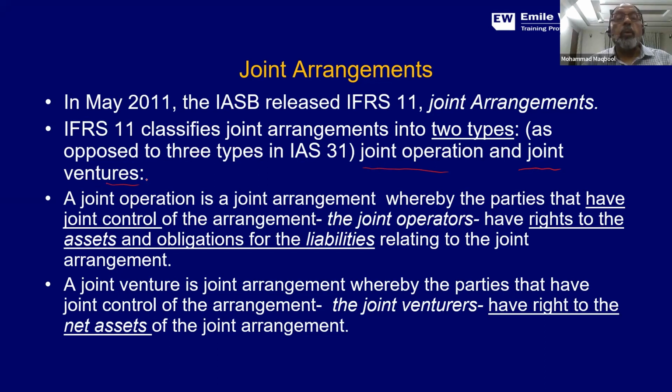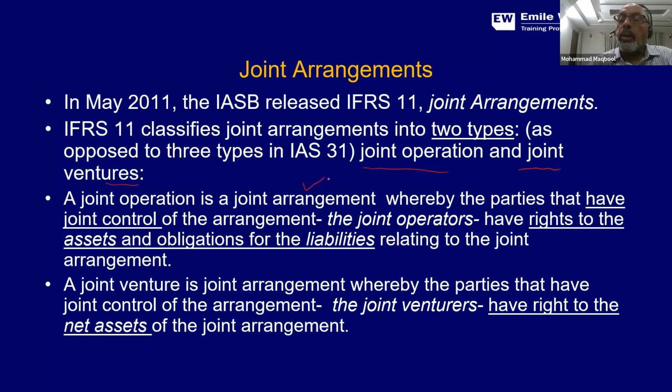So the point is, a joint arrangement is, as we already discussed, where we have control with one or more parties. That's a joint arrangement. Then there's a distinction between joint operation and joint venture. I'll talk about that on my next slide, not at this point. A joint venture is a joint arrangement where the parties have joint control of the arrangement.